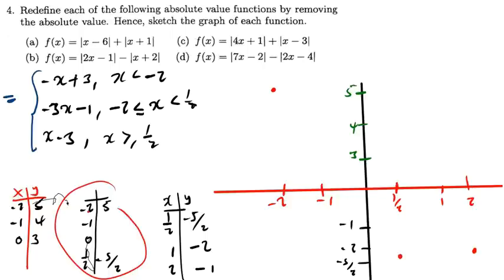Not that point. Let me first do negative 2, 5 again, that one. Then negative 1, 4. Negative 1 is here, 4 is there. That will be better, I think.